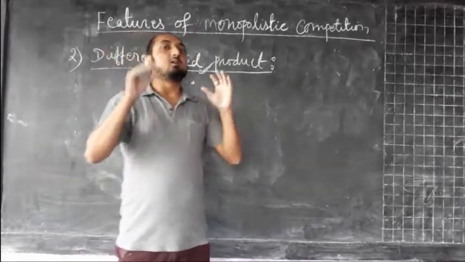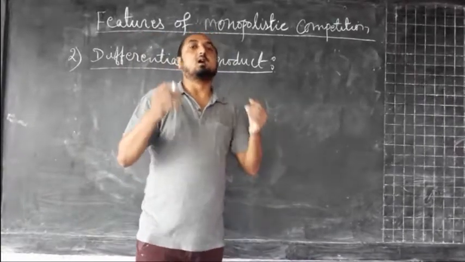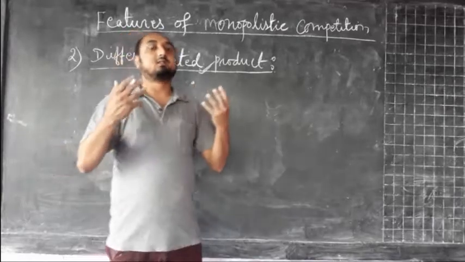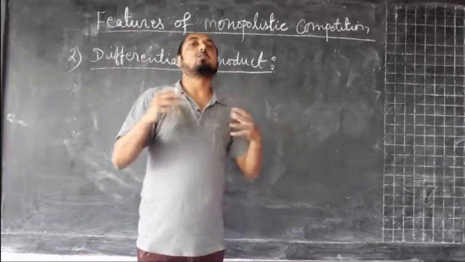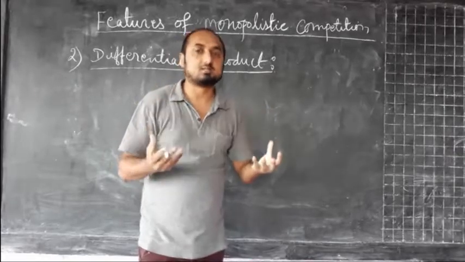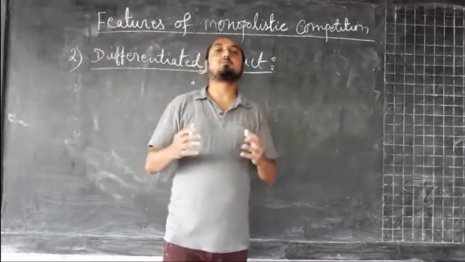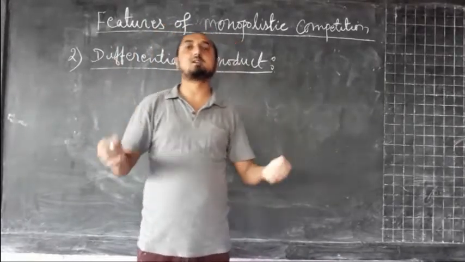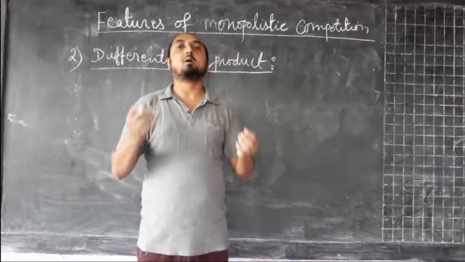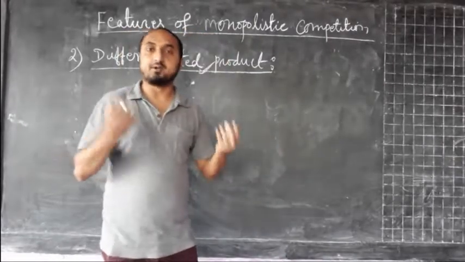Why are they different? Because of differences in their name, brand, trademark, size, color, design, composition. So a differentiated product is one that differs in shape, size, color, design, trademark, name, brand, etc. That's why it's called a differentiated product.